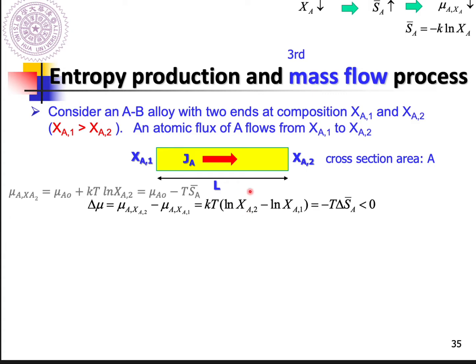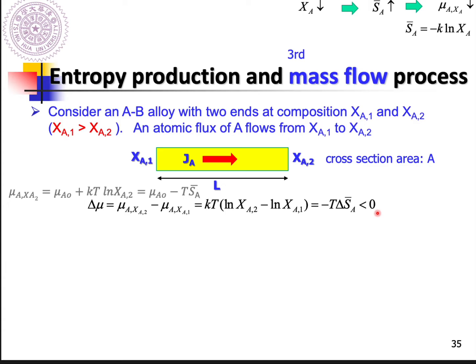Because XA2 is smaller than XA1, this term will be negative. So the chemical potential difference will be negative. It is reasonable, right?